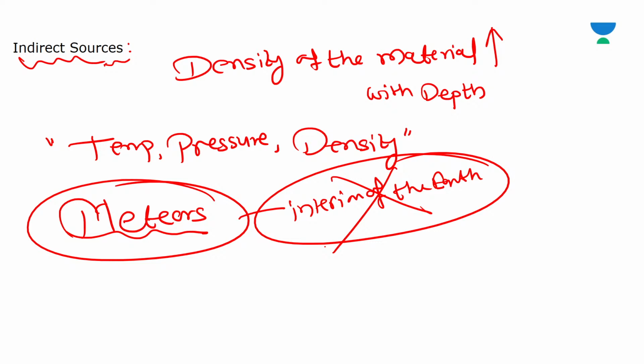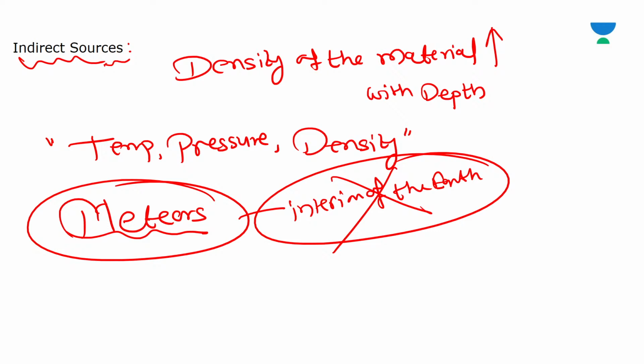It is the material and the structure observed in the meteors, which are similar to that of the earth. They are solid bodies which developed out of materials the same as or similar to our planet. Hence, this becomes yet another source of information about the interior of the earth.